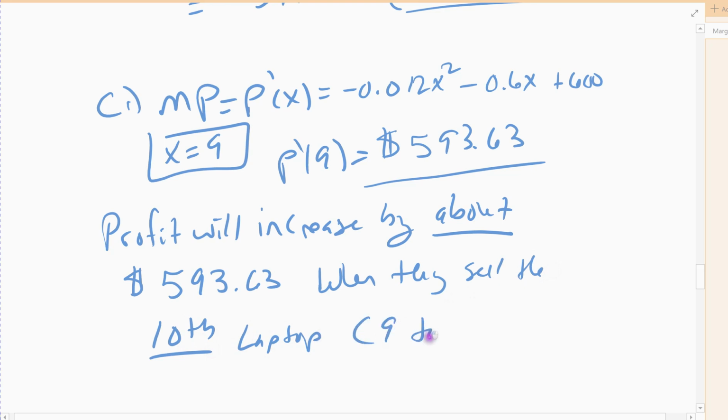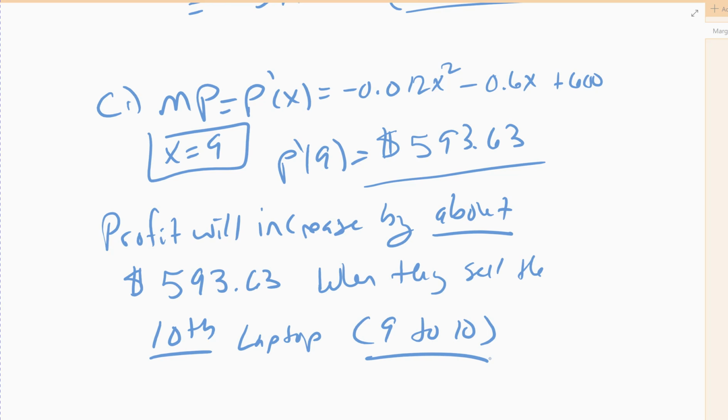From 9 to 10. That specific jump, right? They're currently at 9. This is about how much more it's growing by if they sell one more. So it's the additional profit from the sale of one more laptop, and the one more is specific. It's from 9 to 10.